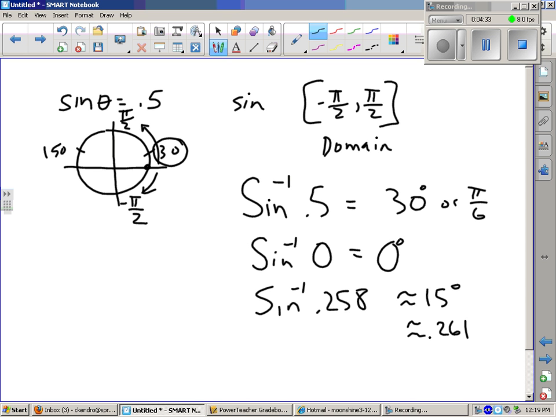And make sure that that answer is in either the first or the fourth quadrant. And if it's in the fourth quadrant, it's got to be negative. Okay, it's not going all the way around. If you say it's in the fourth quadrant going all the way around, that's the wrong answer. You can only go from 0 negative and from 0 positive.